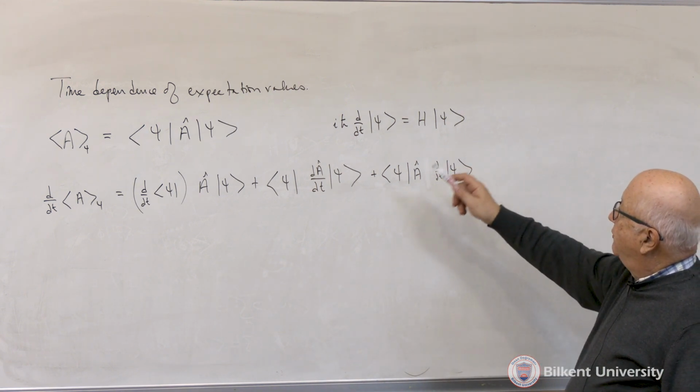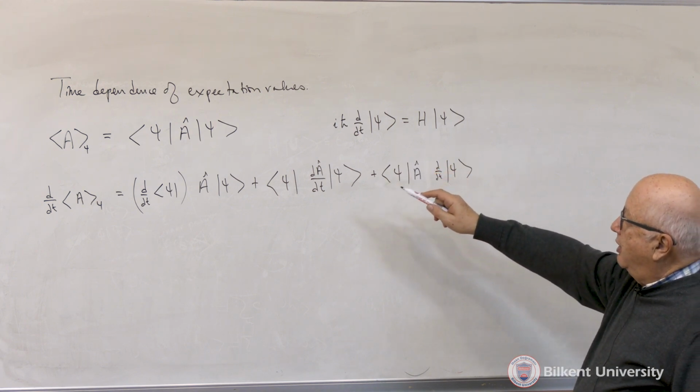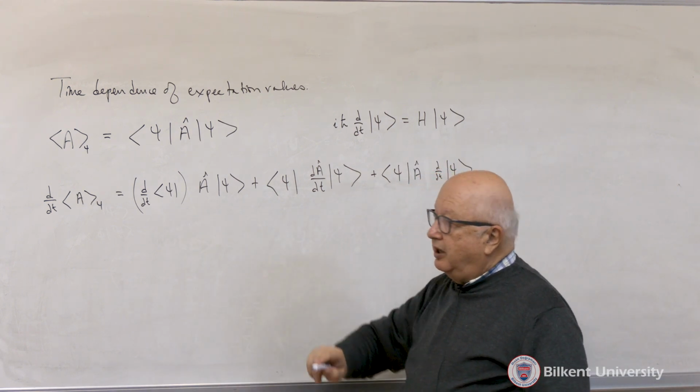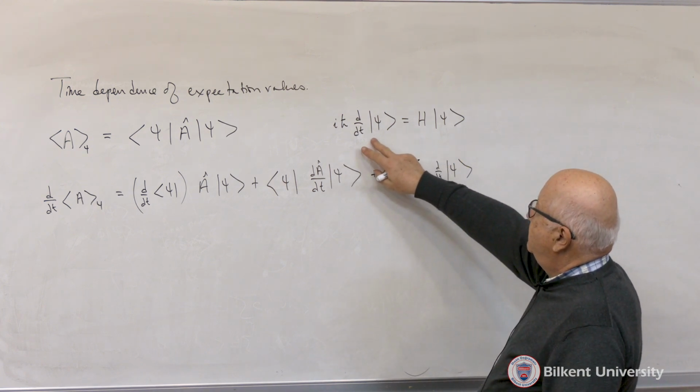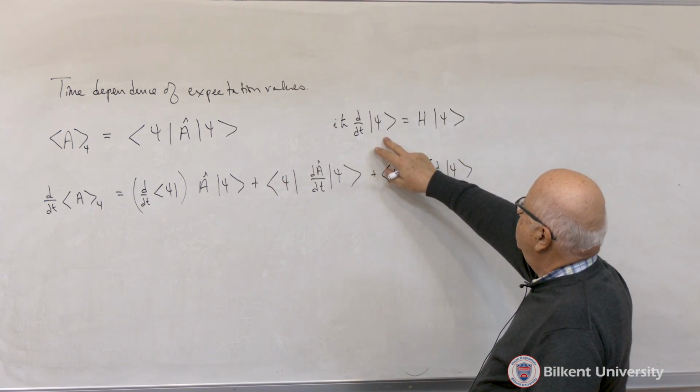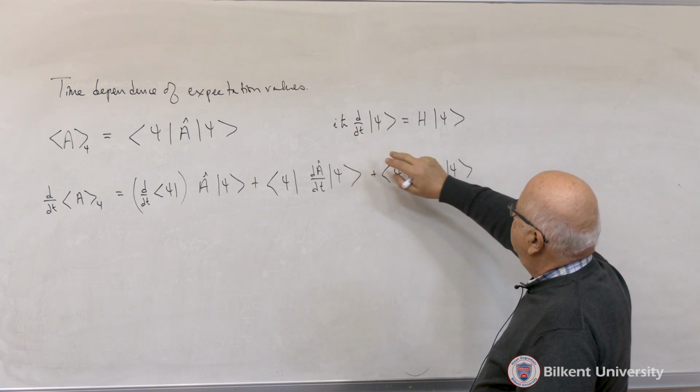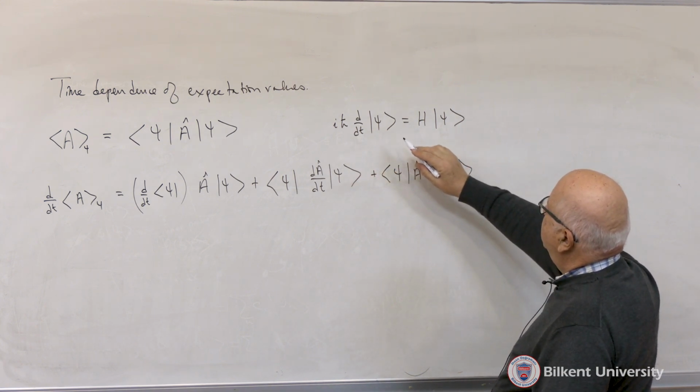Okay, so let's put all of that stuff in. Now I need the time dependence of a bra vector, so I can just take the adjoint of this equation. If I take the adjoint of this equation, what do I get?